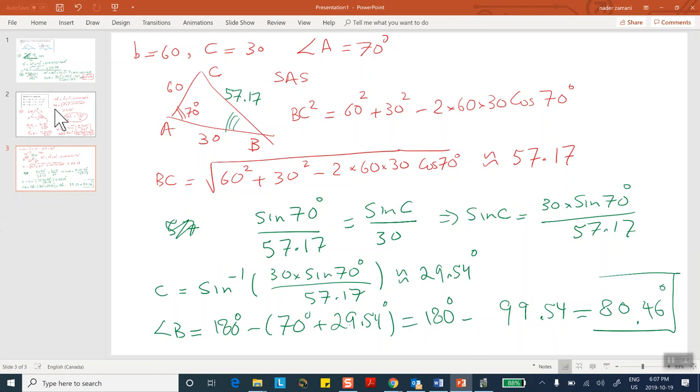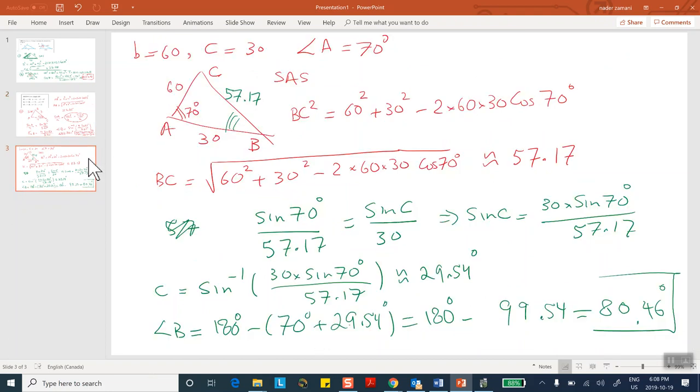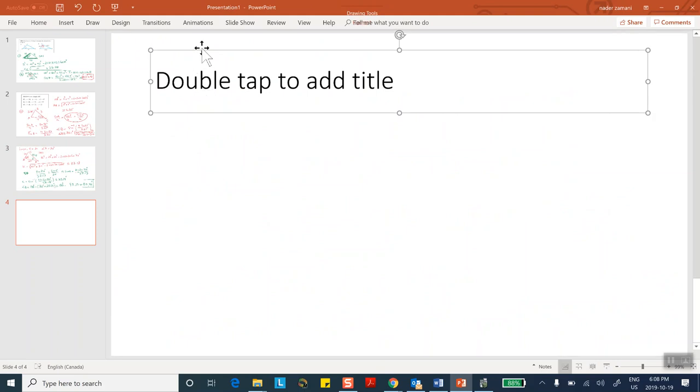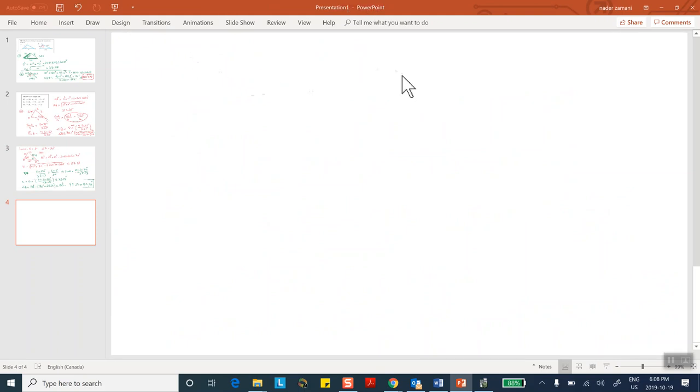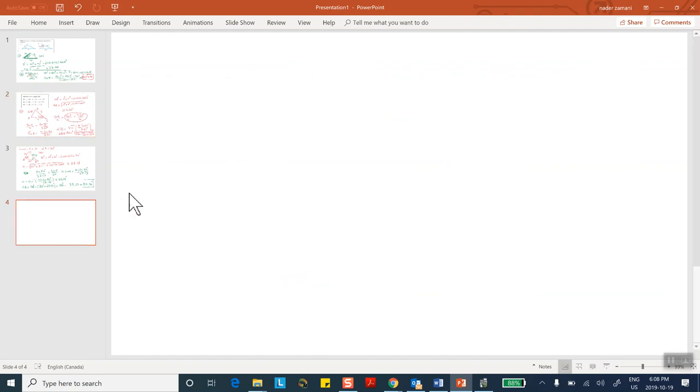Okay, let's do the last problem in this group. This is problem 15.